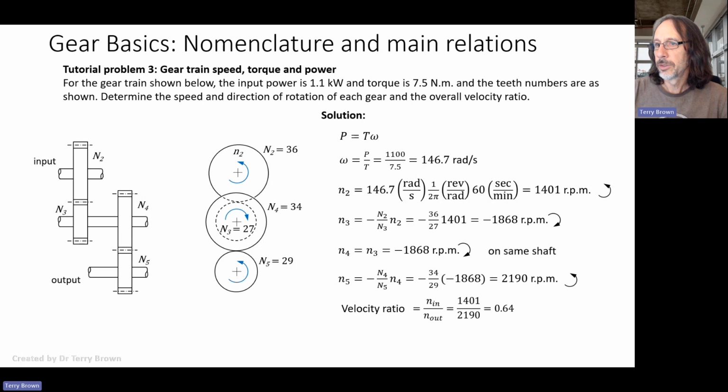So N5 is a driven gear and N3 is a driven gear, and we can put those numbers in. N2 is driving N3, so N2 goes on the bottom, and N4 is driving N5, so N4 goes on the bottom here, and we get the same value for the train value as we get for the velocity ratio.